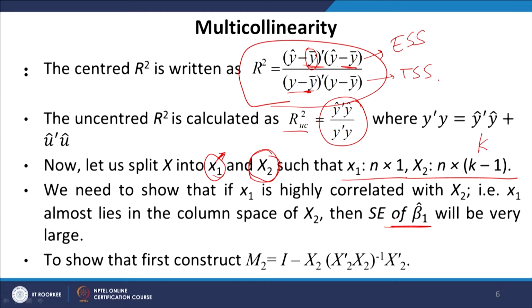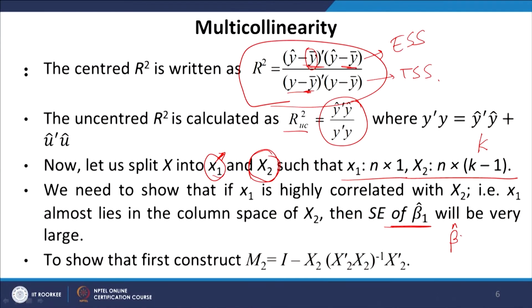And what will be the problem? If you remember, while discussing t inferences in the context of simple regression analysis or even multiple regression analysis, what do we have? In the numerator, we have beta hat minus the null hypothesis value of the population parameter beta, divided by the standard error of beta hat.